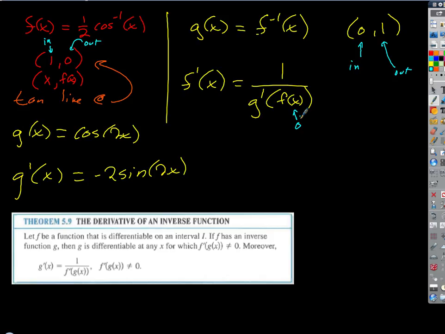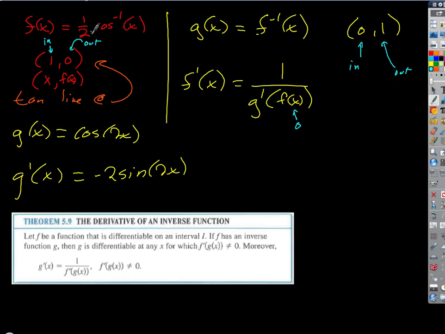We're trying to find the tangent to this curve at the point (1, 0), right? Okay, so we've got a point, we just need a slope. We need the slope of this tangent line, so the slope of this curve at that point. But we don't know how to take a derivative of this function, right?